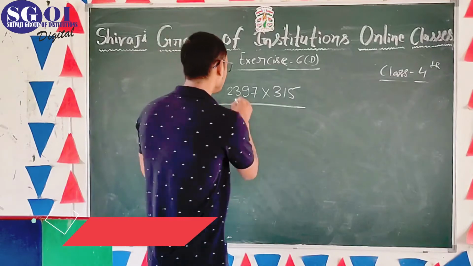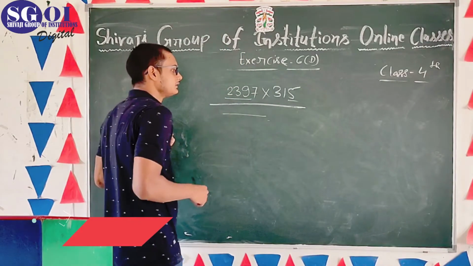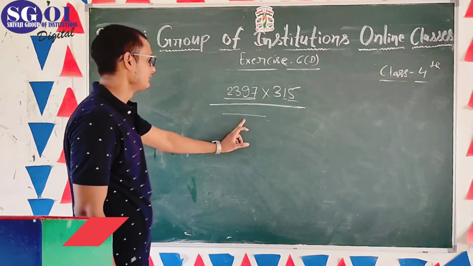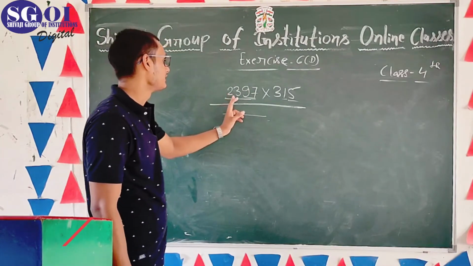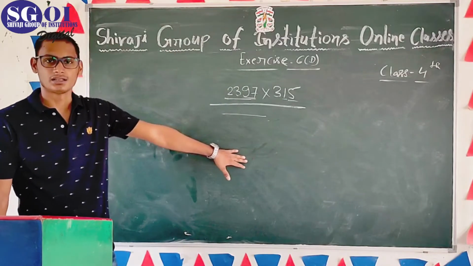First we multiply this number by 5 and put the value here. Then we multiply this number by 1. Then we put the value here. At last we multiply this number by 3 and we put the value here. Understood?